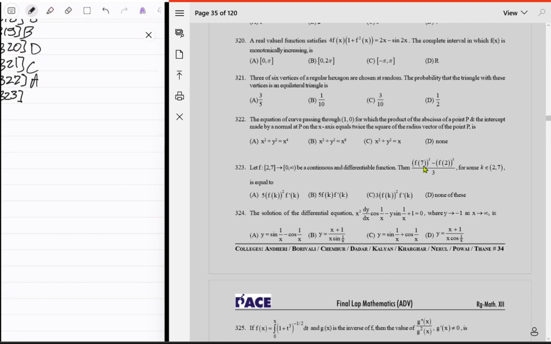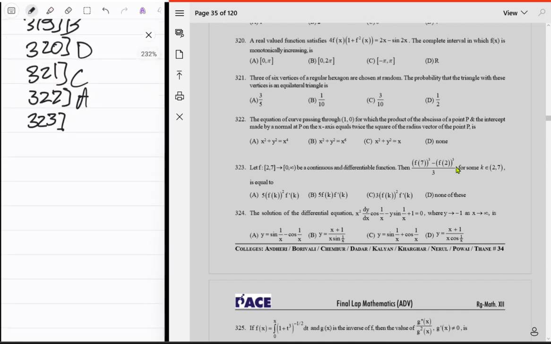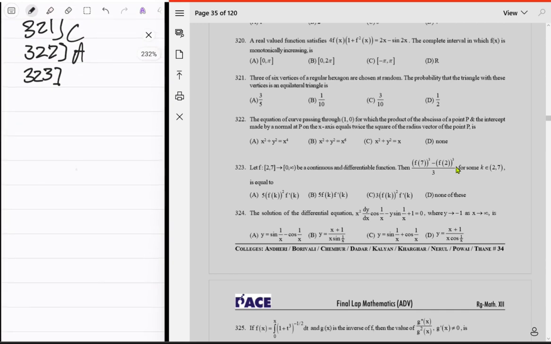So f of 7 का cube minus f of 2 का cube upon 3 is equal to, and for some k belonging to 7, right? So f cube जो है, that's also just positive, which means कि, right, and at 2 and 7 do you have something? हाँ, basically तुम Rolle's theorem बोल रहे हो और कुछ भी नहीं है, right? So जो अपना, right, I mean, I think I know what's going on. और ये क्या 7 minus 2 कितना होता है?